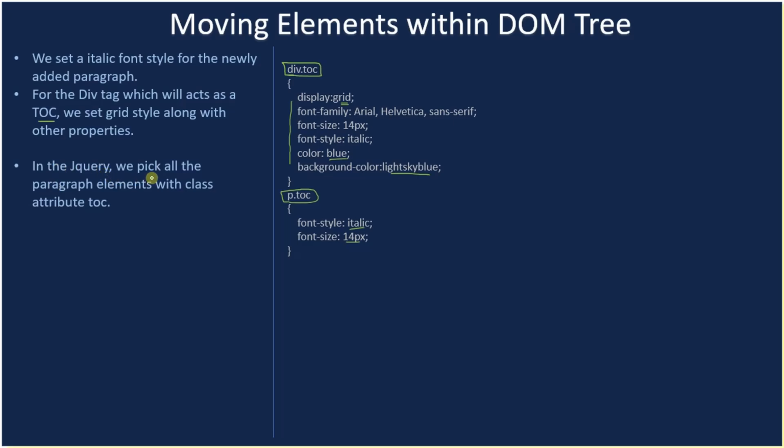In the jQuery part, we pick all the paragraph elements with the class attribute TOC. There are 4 in our example. We are picking all those, and for that we write our 4th code snippet, and we are assuming that you are browsing and the document is coming from the web server.